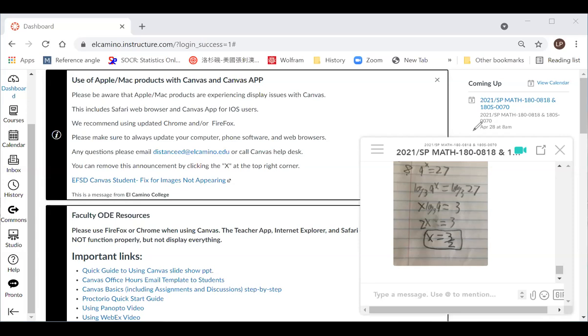Any more submissions? Perfect job. Every step is correct. Next person, next submission.